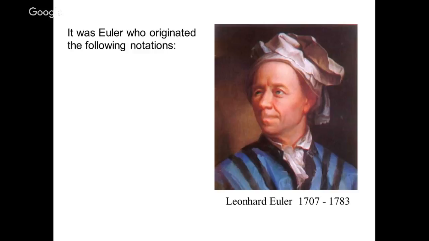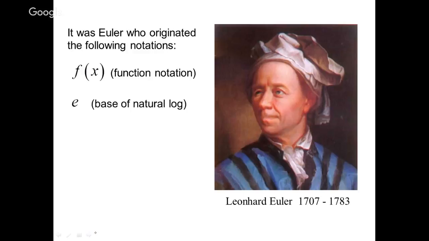He originated some of our famous notations that we use, like function notation. So we can thank him for the f of x notation. And I like this because it tells you what x is. If you know f of 2, that shows you what x is. Also, he helped us find out, or at least name, the natural base e.